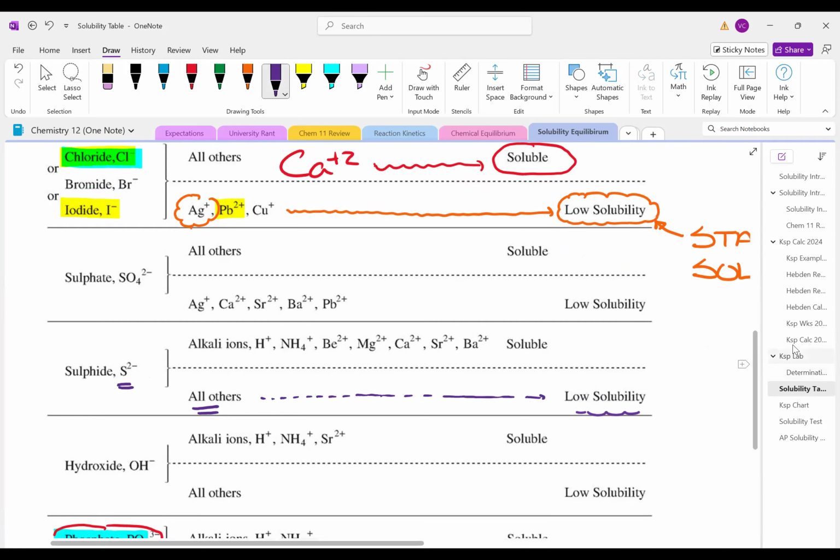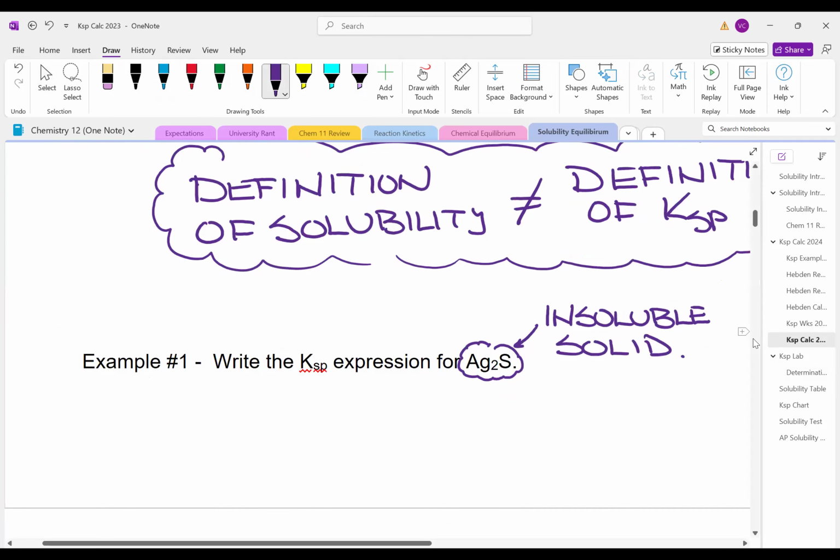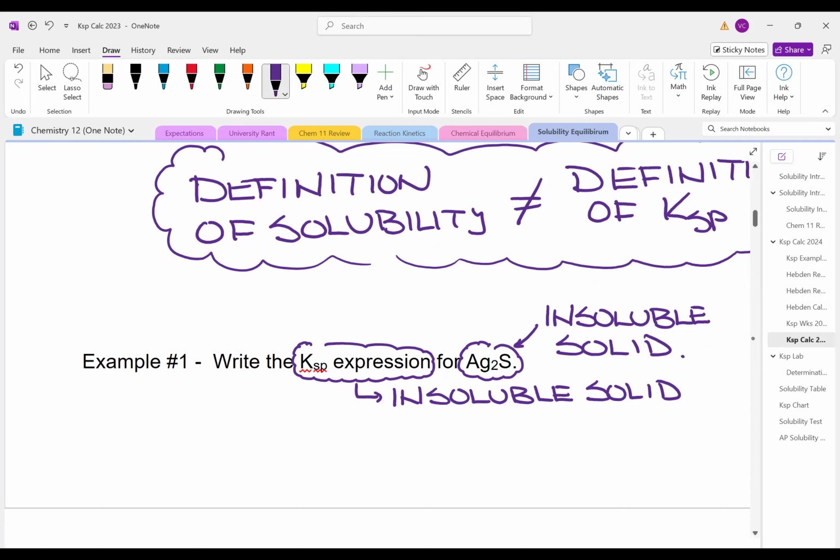That's one hint. The other hint is that they ask you for the KSP expression. When you are asked for the KSP expression, you assume it's an insoluble solid. So both ways let you check whether it is soluble or insoluble: one is using the table, the other is looking at the actual words, KSP expression. So KSP is an insoluble solid forming an equilibrium or saturated solution.